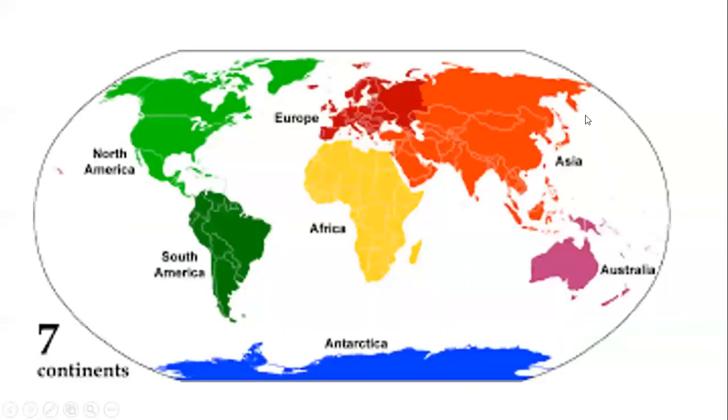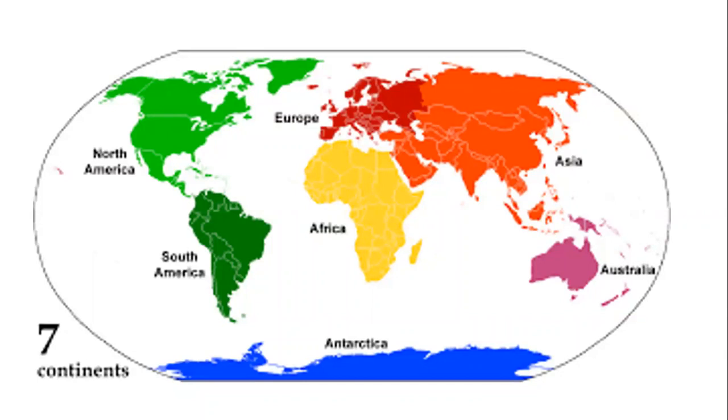Yes, you have studied about the 7 continents and 5 oceans. So yesterday, this world is divided into 7 pieces of land. So these 7 pieces of land are called continents.